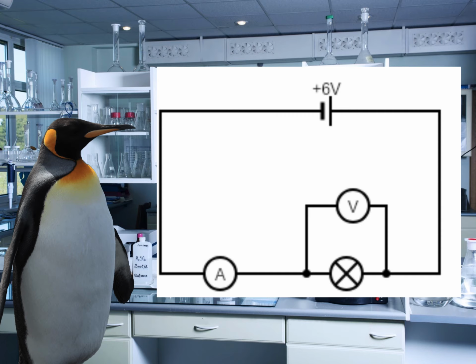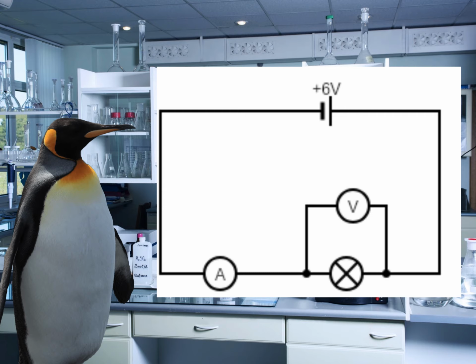So we have a cell and we have a bulb, very original. If we slap in a voltmeter across the bulb, we can measure the potential difference across it. In this circuit, that is pretty much the same as the PD of the cell. Current needs an ammeter adding into the circuit. Notice that the current flows through the circuit, but the PD is measured across something.